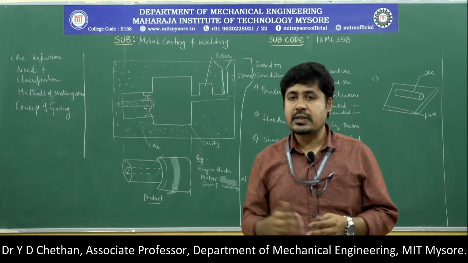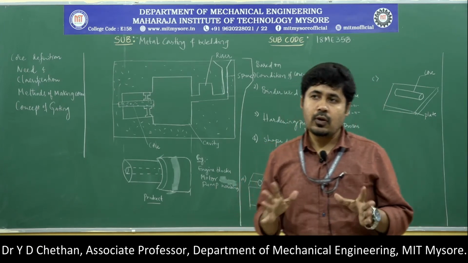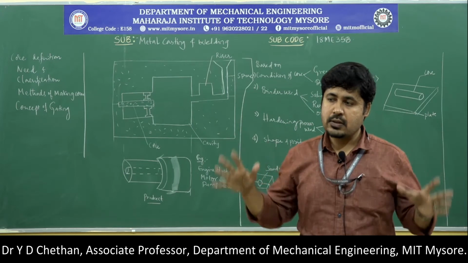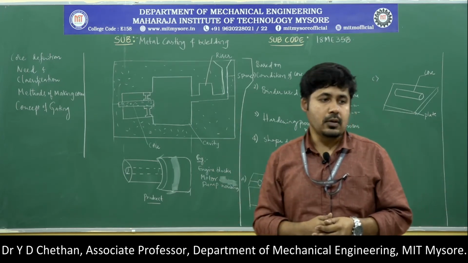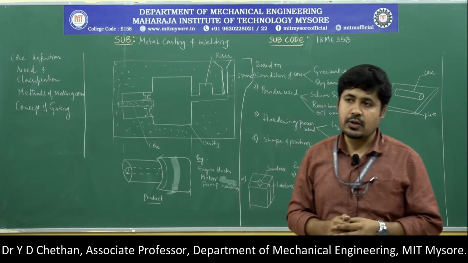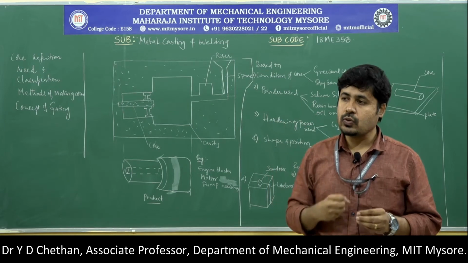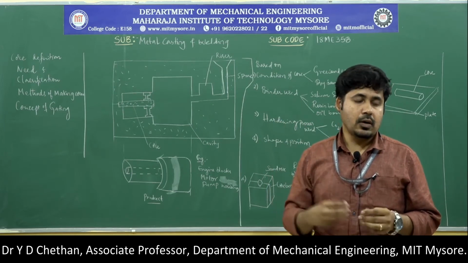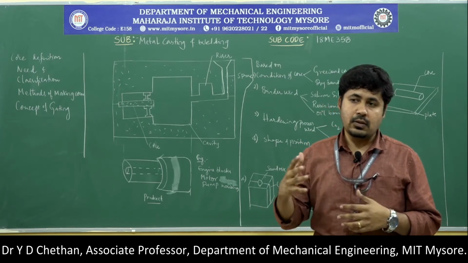Then the next one is the sand slinger machine. In a sand slinger machine, if you want to fill a big casting or big molding boxes, then you can prefer a sand slinger machine. The working principle is simple. The intention is to throw some product with a higher velocity. That is the concept of slinging.